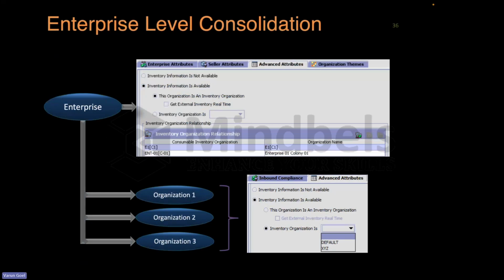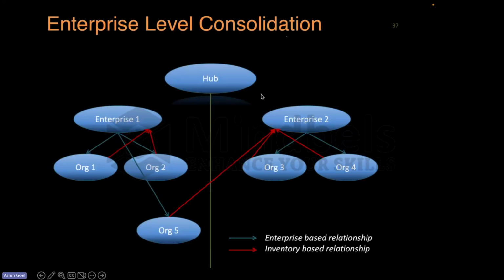Okay, difference. Hub level consolidation is nothing but your enterprises having different organizations, and they keep looking to your enterprise as a single organization, or maybe at a hub level. Generally, in enterprise level, this hub is a single entity which controls your enterprise one, enterprise two.